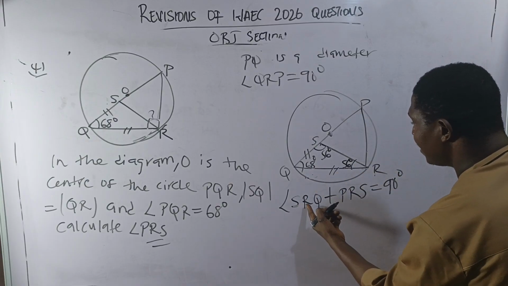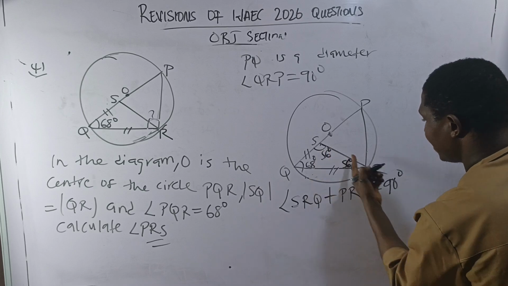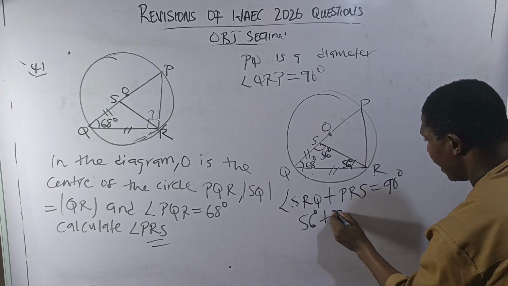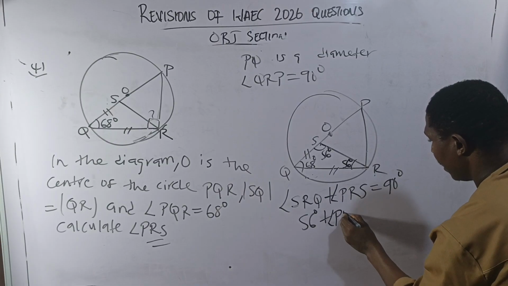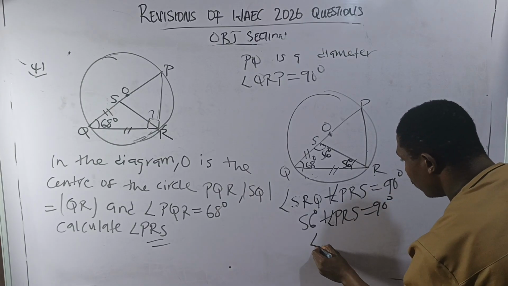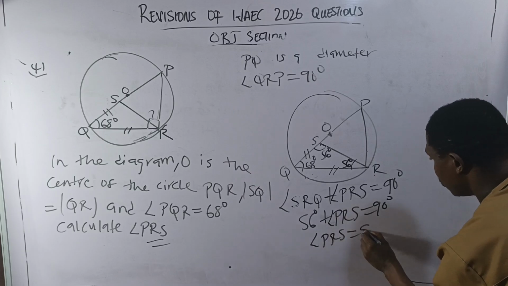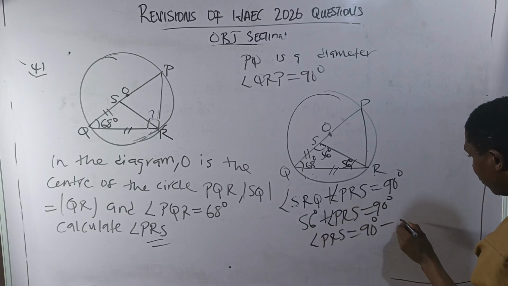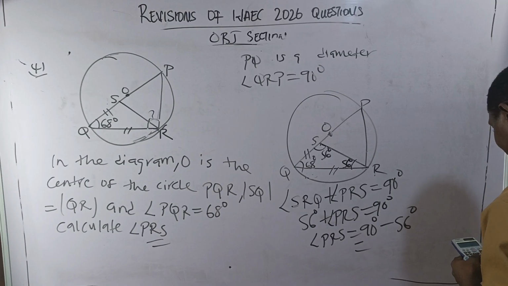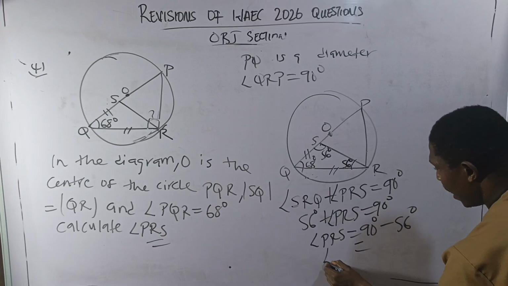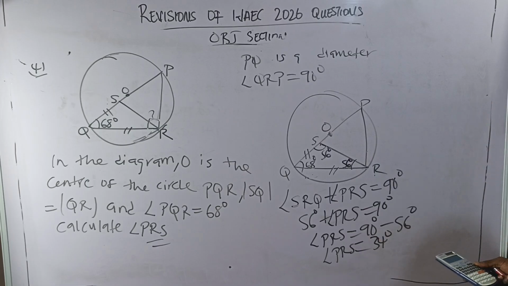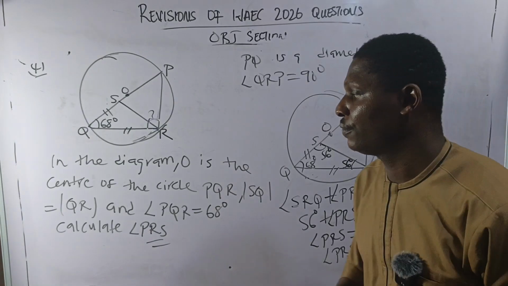Now my angle SRQ is 56 degrees plus angle PRS equals 90 degrees. So angle PRS will be equal to 90 degrees minus 56 degrees. So 90 minus 56 will give me 34 degrees. So angle PRS is equal to 34 degrees.